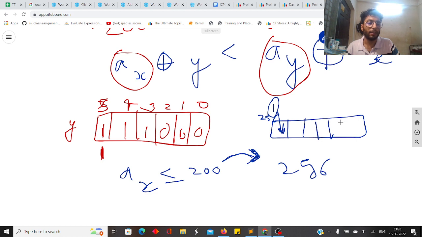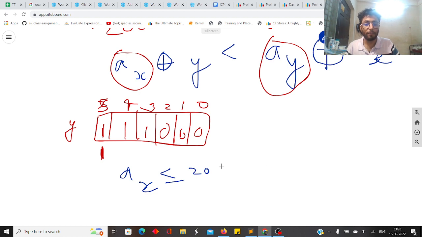So the maximum bit that can be affected by a number less than or equal to 200 is at most the bit corresponding to 256. The maximum that my ax can influence my value of y is only by a value of 256.